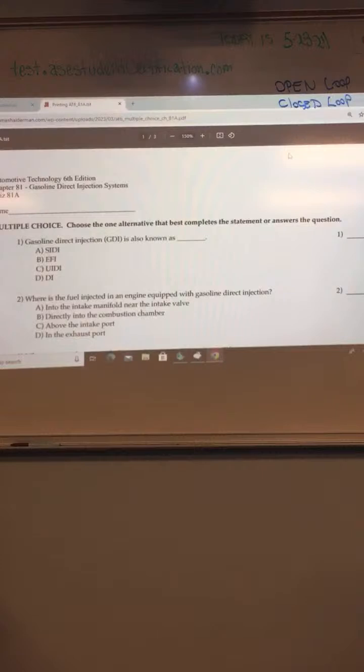Hey, anybody find where it's talking about a single barrel piston plunger? Did y'all find anything where it talks about that? Nah, I can't find that, bro.